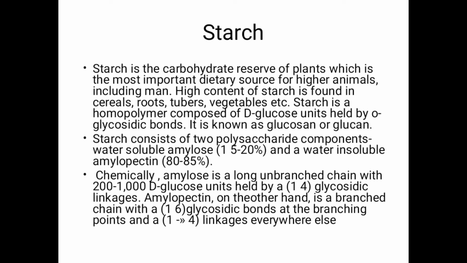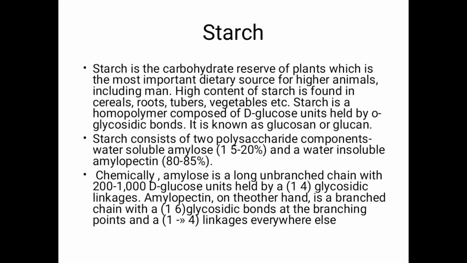Starch is a homopolymer composed of D-glucose units. You should remember that starch is a homopolymer composed of D-glucose units held by glycosidic linkage, and it is also known as glucosan or glucan. Starch consists of two polysaccharide components: water soluble amylose, 15 to 20%, and water insoluble amylopectin, 80 to 85%.